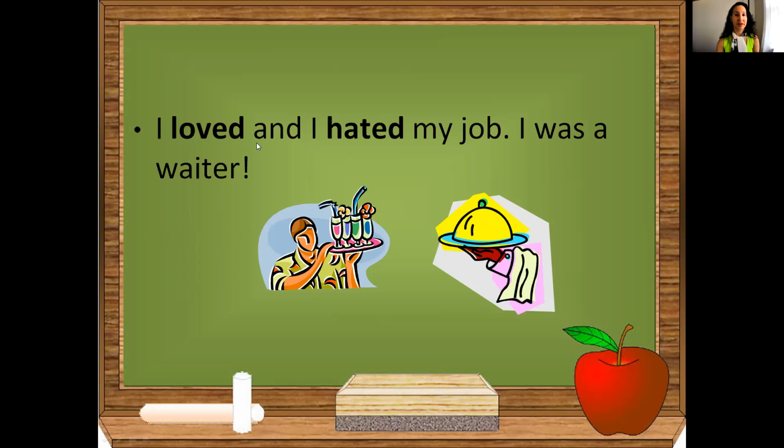I loved and I hated my job. I was a waiter. So this is the D sound, loved. So take out the E and pronounce it. Loved. Hated, what sound is that? That's the ID sound. Hated. Remember, ID is id, hated. Okay, let's say this faster. This is a tongue twister. I loved and I hated my job. I was a waiter. Did you get it?